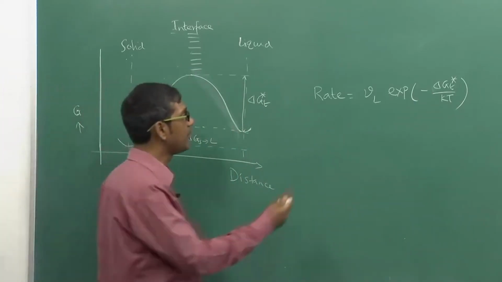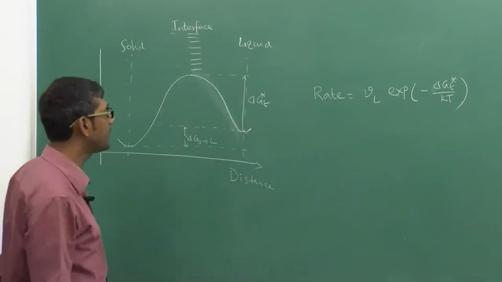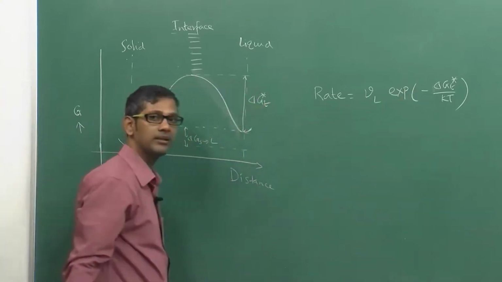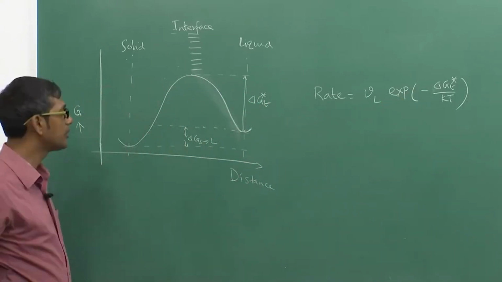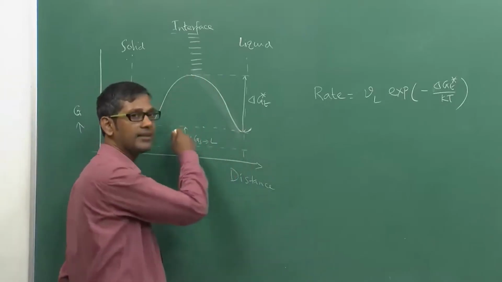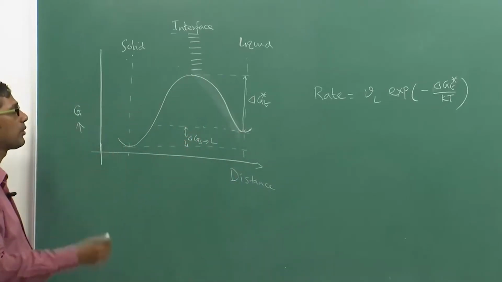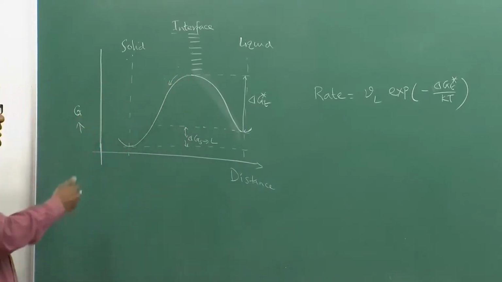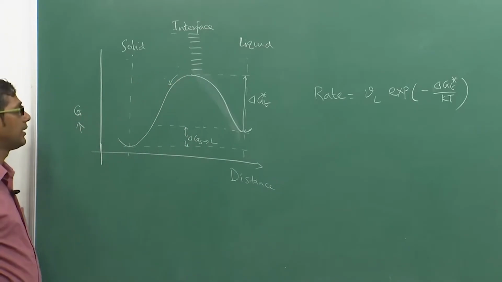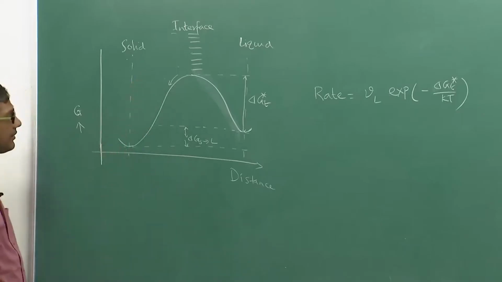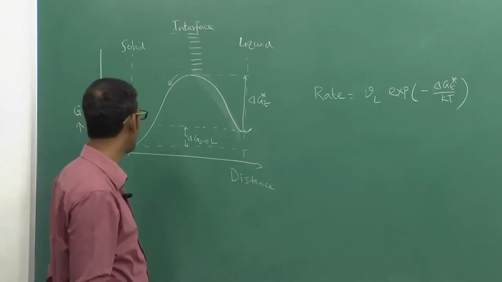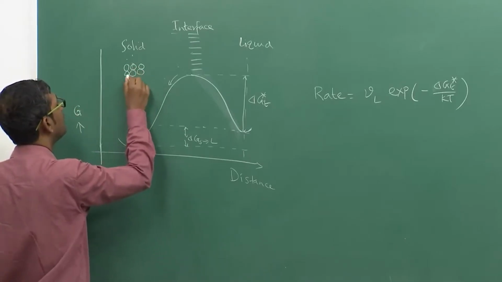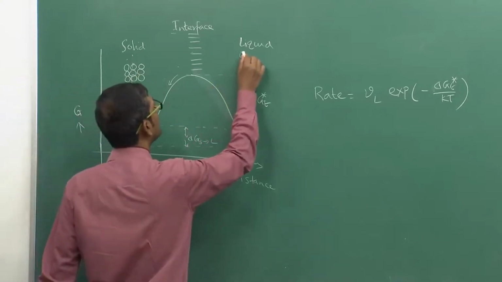This gives you the rate, because this is related to the frequency of jumps, and this is the probability that they can cross the barrier. All atoms may not have sufficient energy to cross this height. Some atoms will, some will not. Once an atom has crossed this barrier, it slides down along the energy gradient and becomes part of the solid. In the solid, atoms are nicely ordered, but in the liquid they are haphazard.